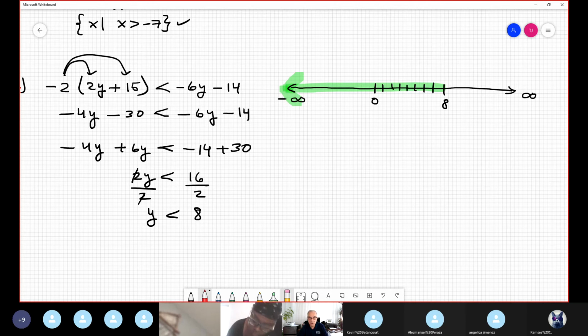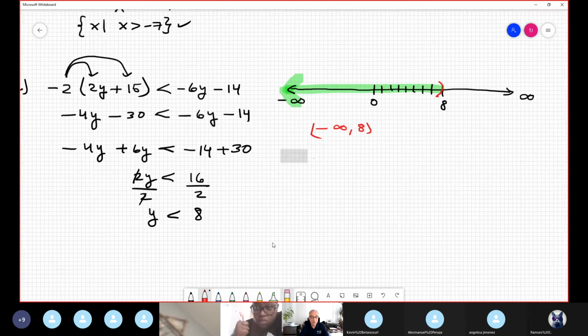Therefore, the solution does not include the endpoint. So in the symbolic way, as you see an equal sign, you put a bracket. But in this example, no equal sign, therefore parenthesis. And the solution is from negative infinity, comma, the endpoint, parenthesis, parenthesis. End of the story. Any question? We are the best at Miami Dade College or no?